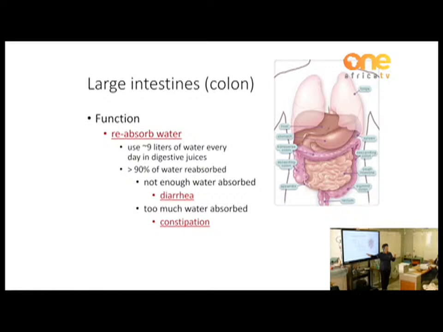Fiber, which is what part of the plant? The cell walls, cellulose. Because the cellulose keep enough water to keep the feces soft. That prevent constipation, prevent cancer of the colon. And with the peristalsis, it can clean out all the solid waste from your body.